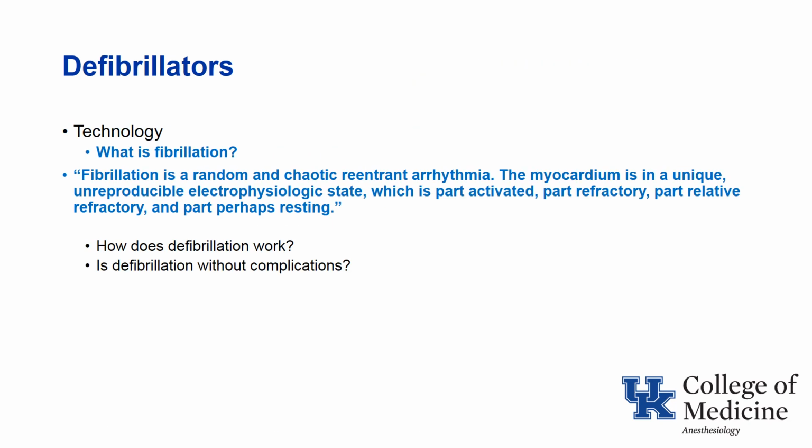What is fibrillation? Fibrillation is a random and chaotic re-entrant arrhythmia. The myocardium is in a unique, unreproducible electrophysiological state, which is part activated, part refractory, part relative refractory, and part perhaps resting. That is a definition of fibrillation.